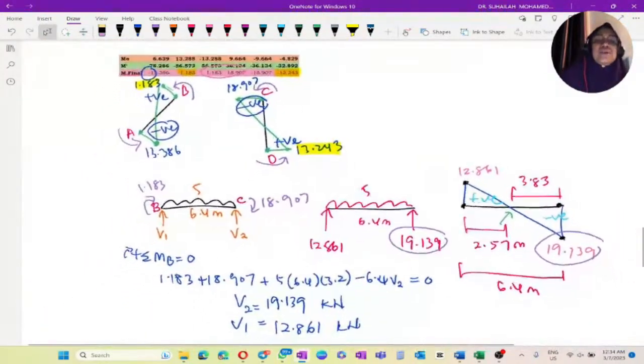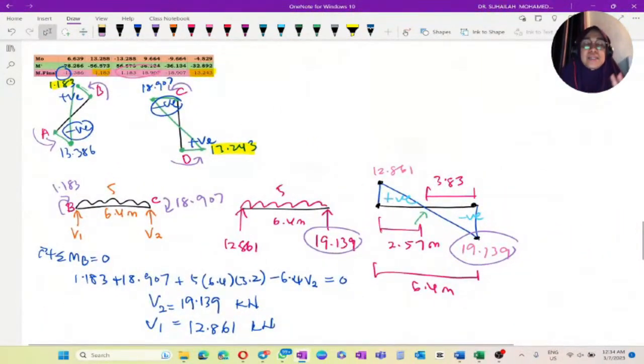So that's all about this example and solution. I have made 10 videos regarding this, so I hope you will try to do on your own. Actually, I want to do some videos regarding the bending moment diagram.